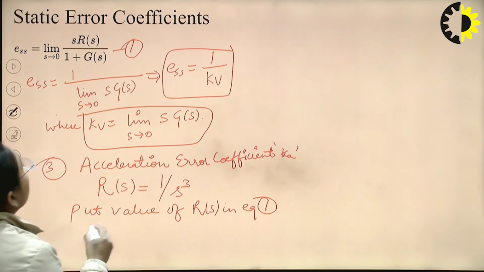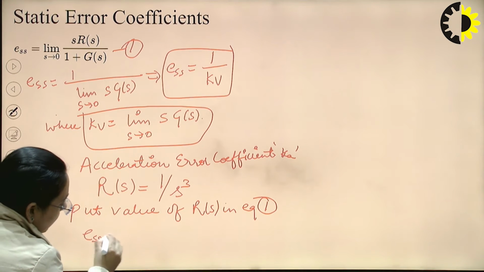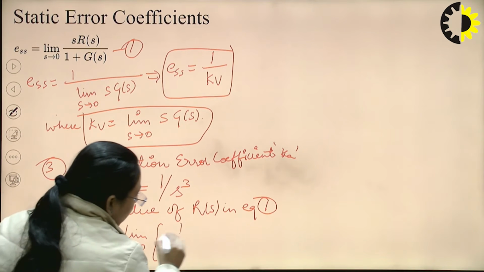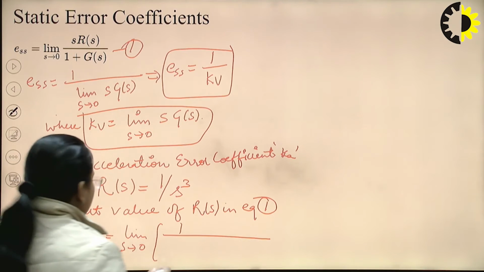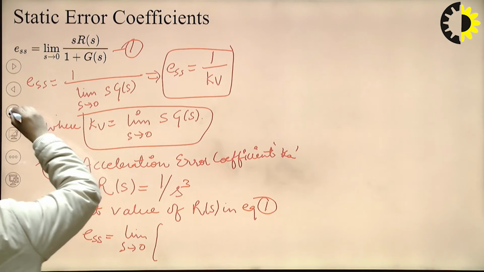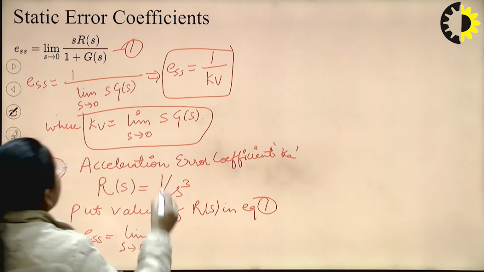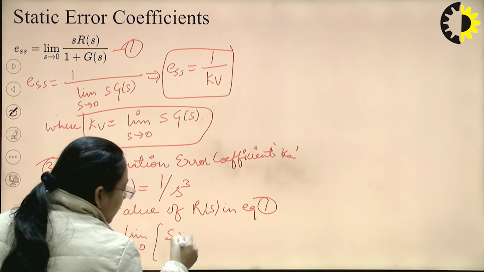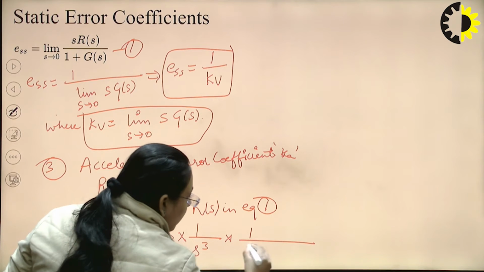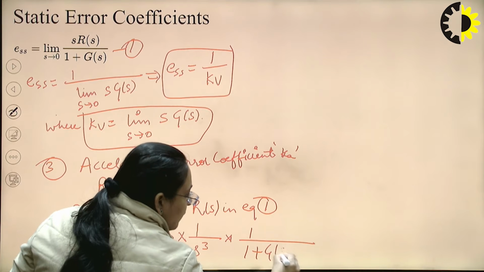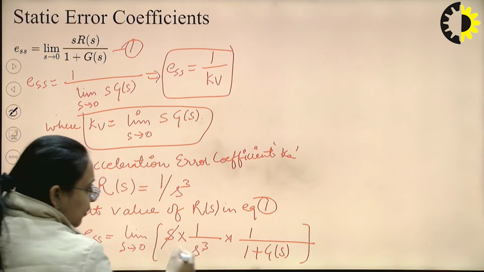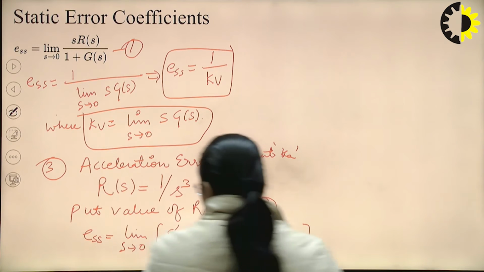So we will get ESS equal to limit s tends to 0 of s into 1 by s cube into 1 upon 1 plus G(s). Here only one s gets cancelled out, so we are left with 1 by s square.